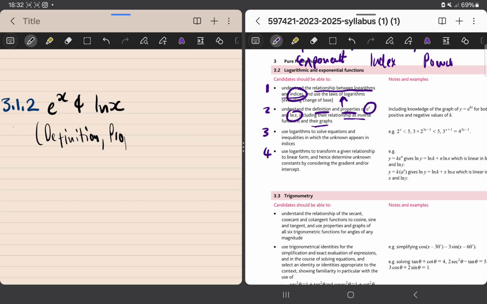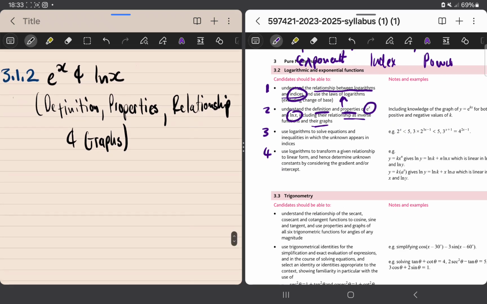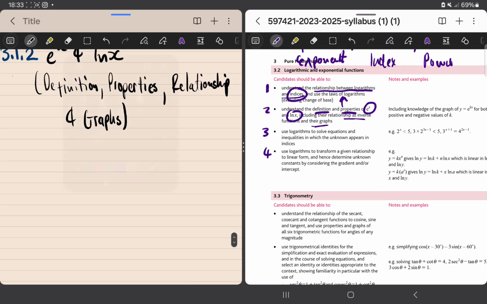We look at their properties, and we look at their connection or their relationship, and finally, we'll look at their graphs. So we look at the definition of each, their properties, the relationship between the 2, and their graphs. e to the x and ln x are the guys we are going to focus on in the second.